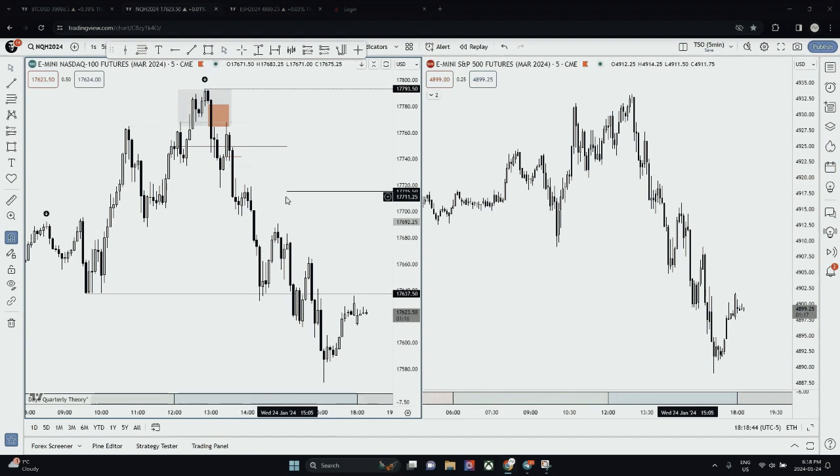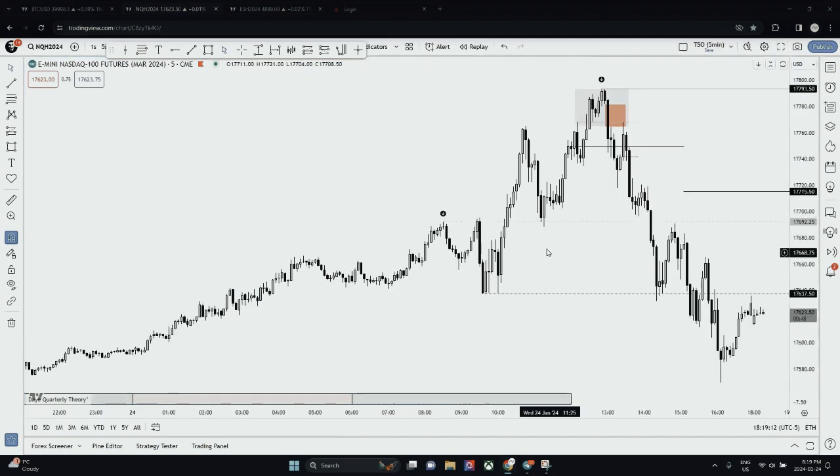So I will be back here with another lecture, right? I need you guys to go through your charts and try to understand this. Remember, Q3, Q4, you need SMT between these. You need SMT between these 2 quarters.